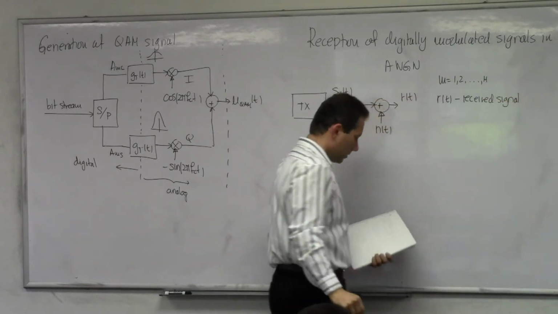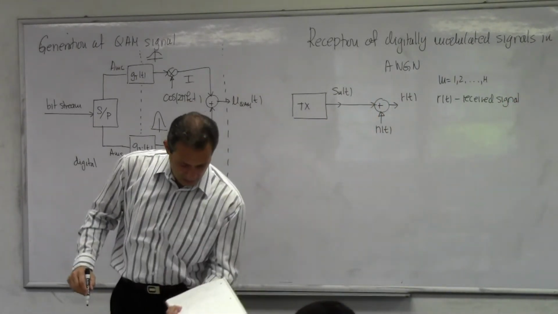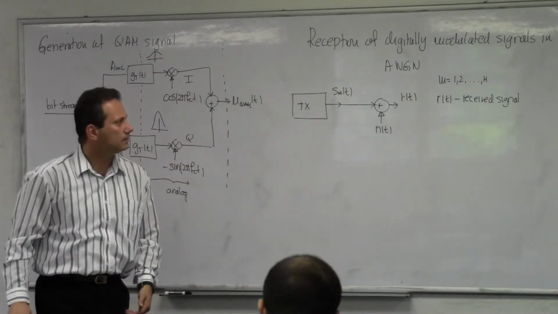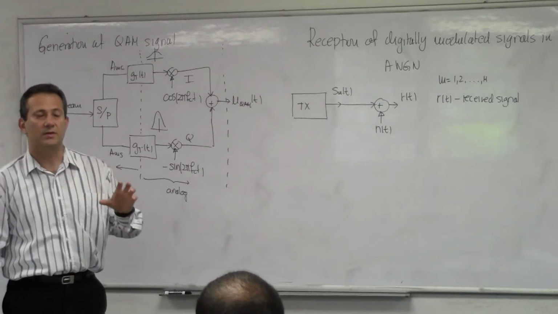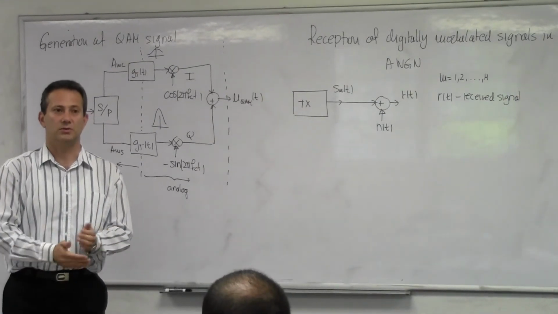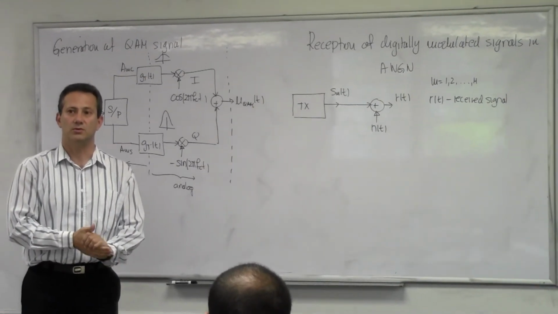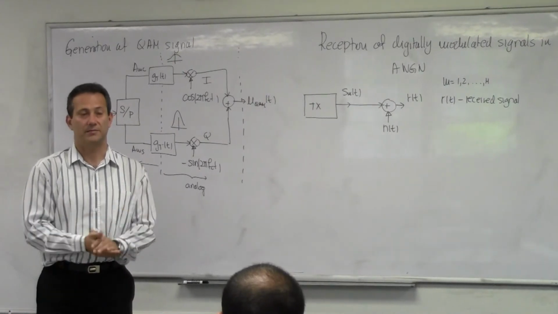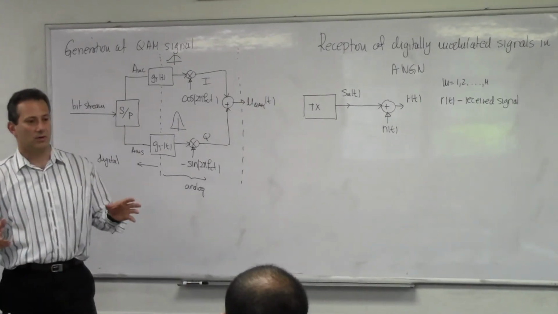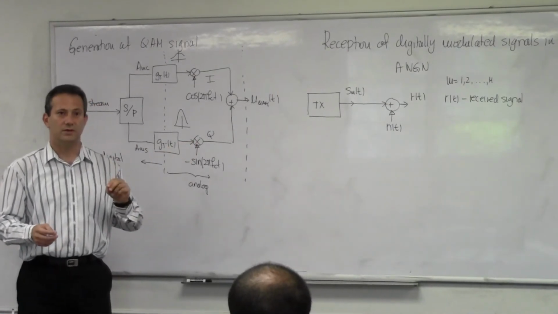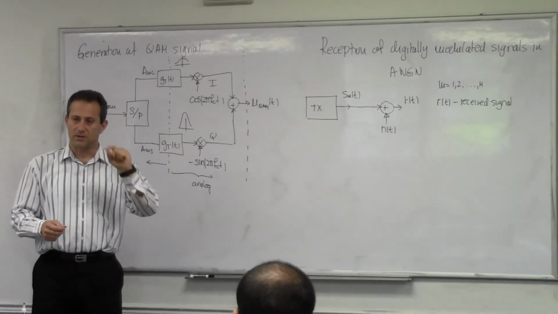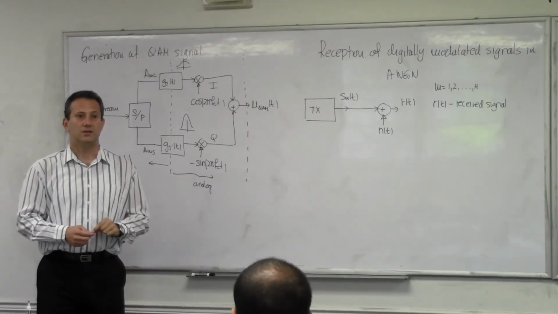Before we go into great detail about how all of this works, let me point out the most significant difference between analog and digital modulation. Why is digital modulation so much better fundamentally? In the analog world, what we try to do with the receiver is recover the message signal itself, right?